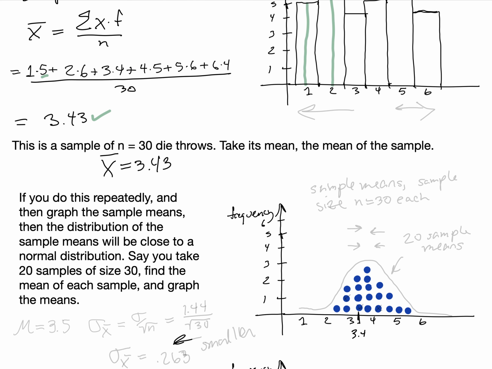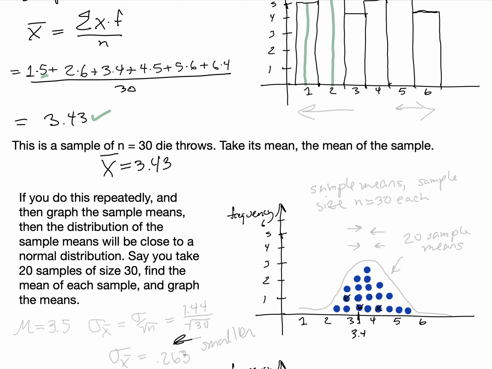So if we do this repeatedly, we do another set of 30 die throws and take its mean, and another set of 30 die throws and take its mean, and we graph those. So here's maybe our 3.43, and we do it again, and we get 4.1, and we do it again, and we get 2.97, and so on.